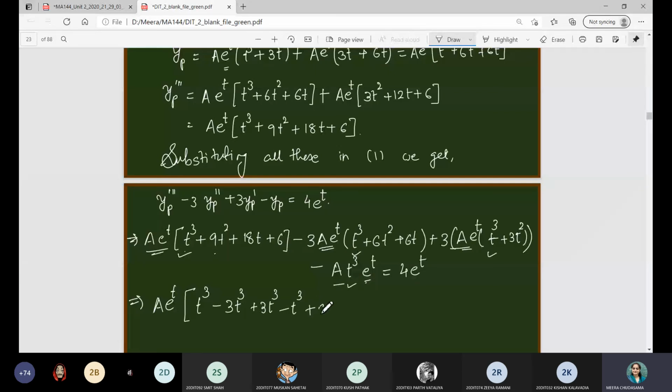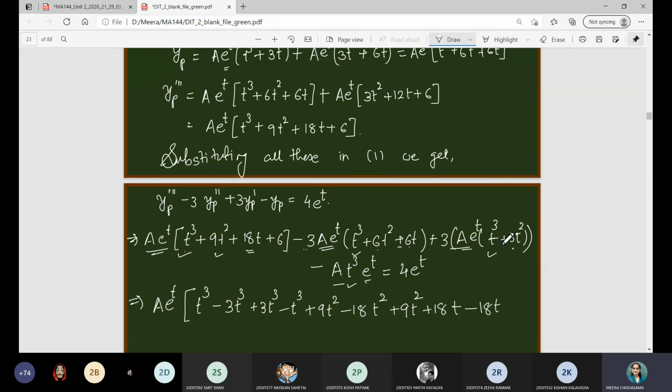So it is plus 9t square. Another t square term is over here. So it is 6 into 3, so minus 18t square, and another term is over here which is plus 9t square. Let us consider now powers of t only. So it is plus 18t, then here it will be minus 18t, minus 3 into 6, so it is minus 18t.